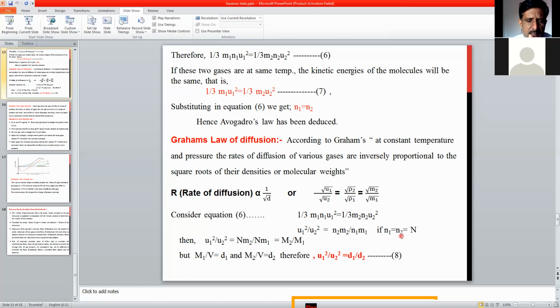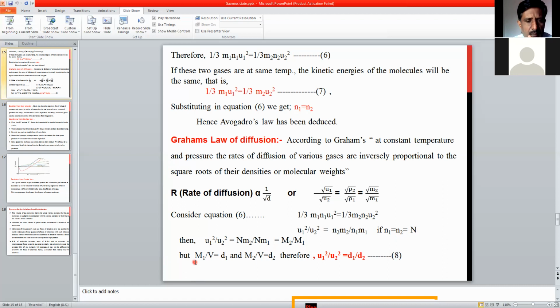We already studied in Avogadro's hypothesis that n1 is equal to n2, so it can be considered as a capital N. Then u1 square divided by u2 square is equal to N m2 divided by N m1, which is equal to m2 by m1. What are m2 and m1? They are the molecular weights of gas number 2 and gas number 1.